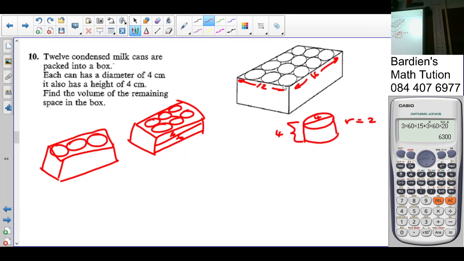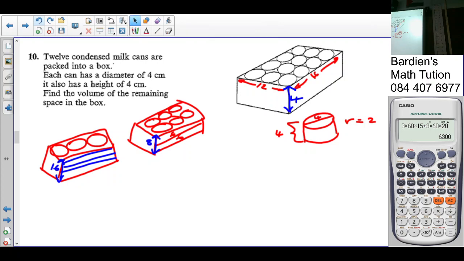So what would the height of this box now be? 4. What would the height of this box have been? 8. Remember how many layers are here? It's 4 layers. So 4 times 3 is 12. So 4 times 4 is 16. Does it make sense, people?